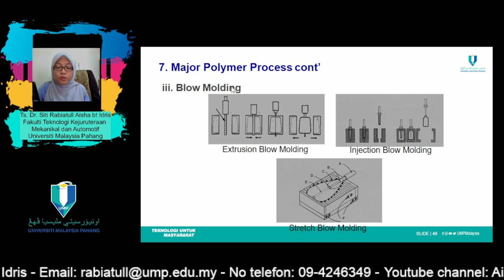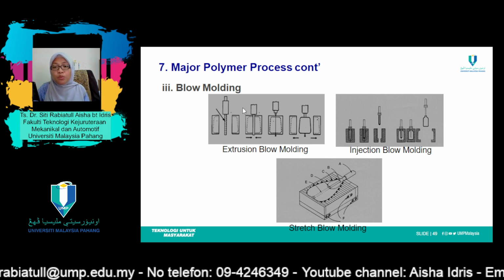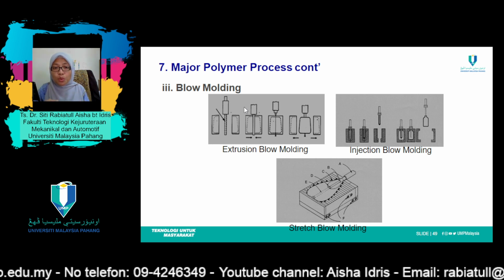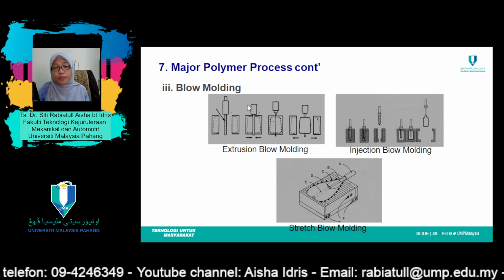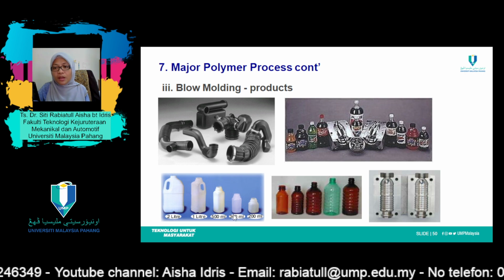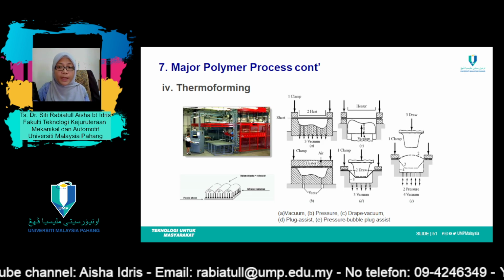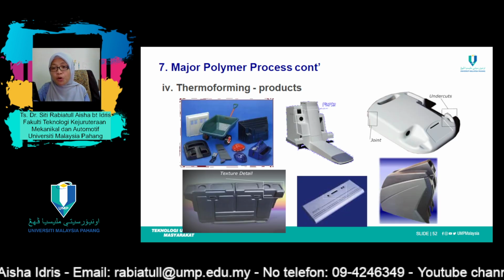We will introduce air into it, and it will blow the parison, and then the parison will follow the shape of the mold, producing, for example, water bottles. Okay, this one is thermoforming, like the one that you have seen in the video just now.